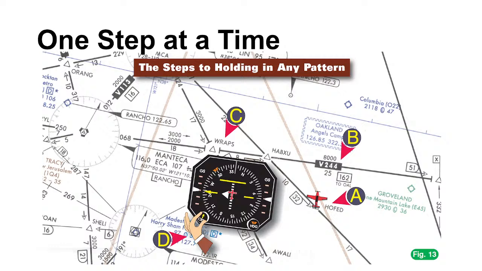Gotcha. So just when you came in, you wouldn't make a whole 180 degree turn. You'd just go over 180 degrees. Your entry is still over that point. You get to that point and you turn until you're running parallel to Victor 244. Yeah. So you just make that left turn.